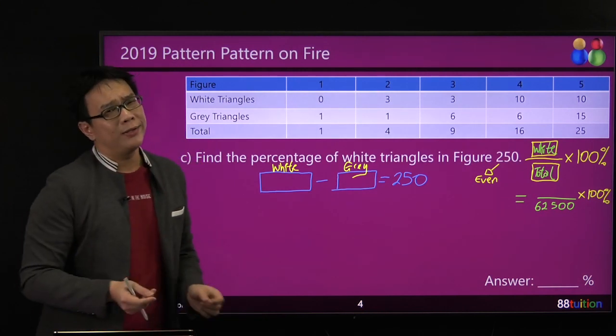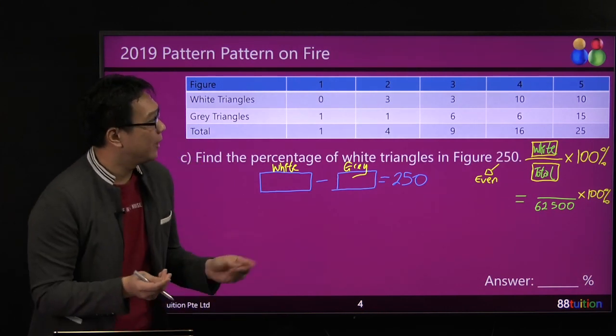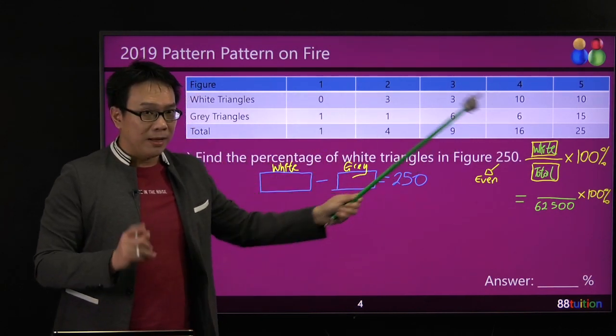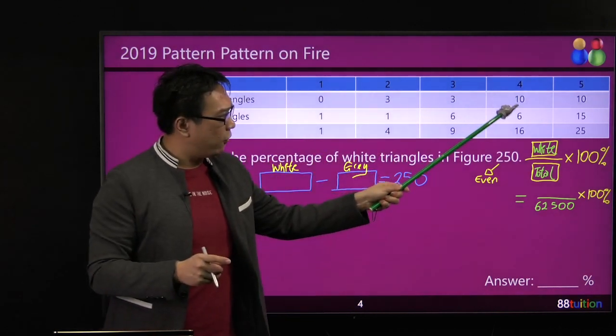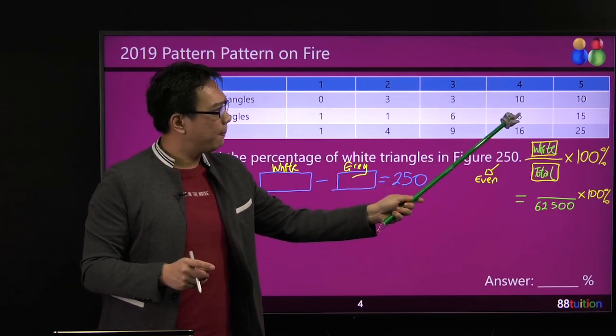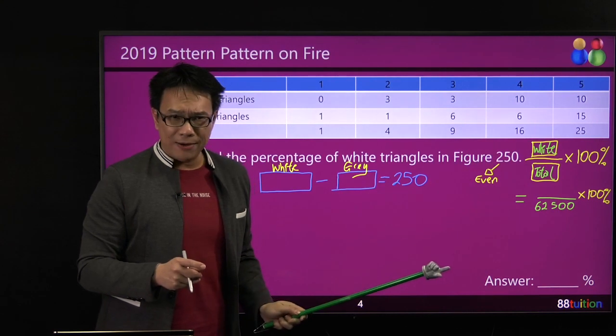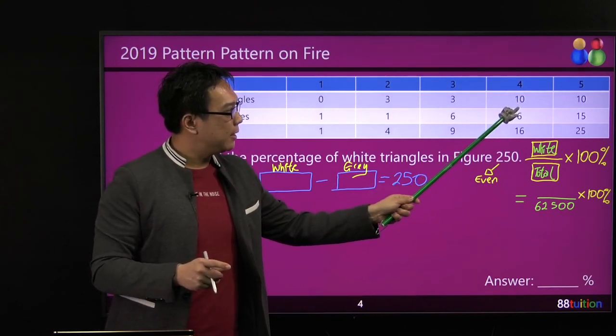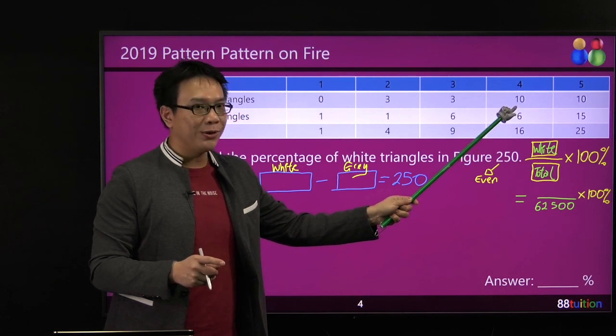So in this case, what else can I do? Look at here and look at here for the information. If there's a gap of 4 between 10 and 6, what is the center number? The center number is 8. 10 minus 2 is 8, and 6 plus 2 is 8.